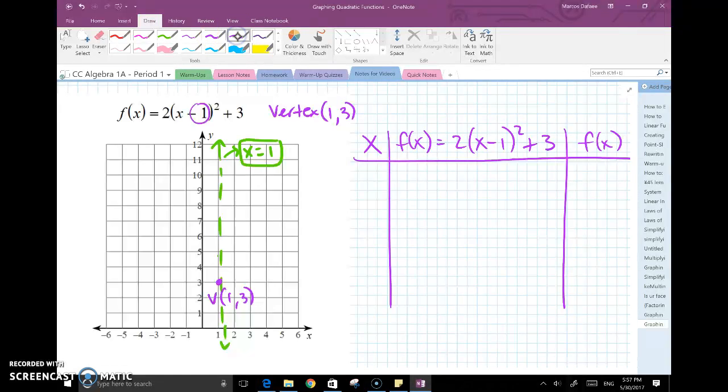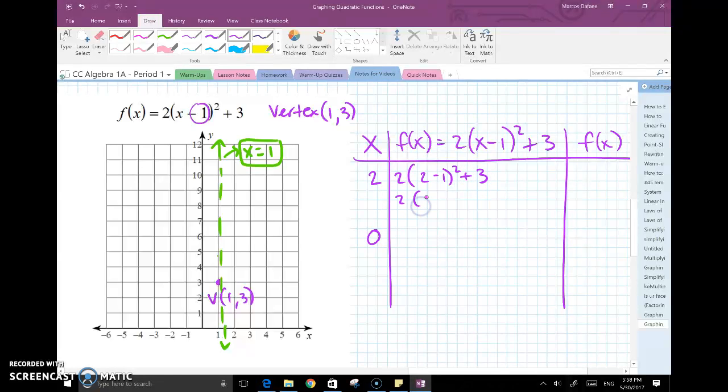Now, once again, I will choose numbers that are on the right and the left side of this axis of symmetry. So since I'm at 1, I'll choose the number 2. I can also choose the number 0. And it doesn't have to be in numerical order. So if you want to start with 2, go ahead. So this would be 2 times 2 minus 1 squared plus 3.